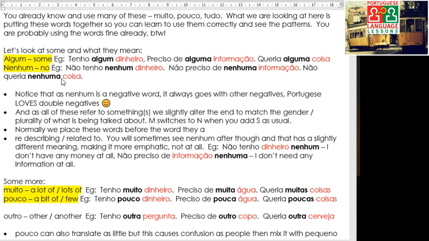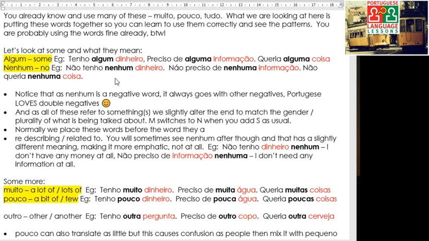Nenhum, all that nasal there. Não tenho nenhum dinheiro. Não preciso de nenhuma informação. Não queria nenhuma coisa. Okay, I don't have any money, or I have no money. I don't need any information, or I need no information. I don't want anything, or I want nothing, for example.